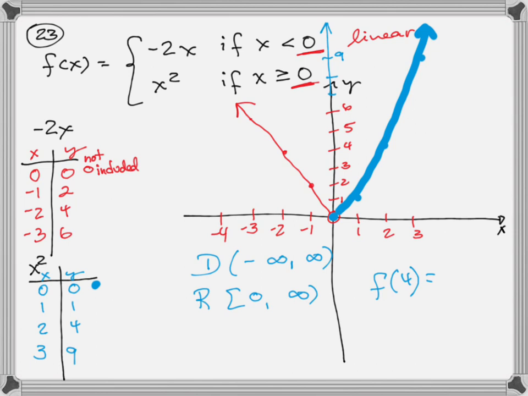Which one do you use? The first function or the second function? For f of 4, it's greater than 0, so that will be 4 squared, that is 16. What else can I ask you? What is f of 0? That's pretty obvious because either way it's 0.